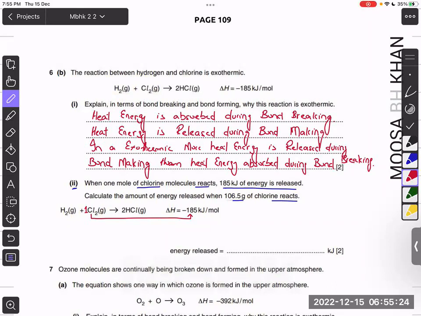And he is inquiring if we have 106.5 gram of chlorine, so how much energy will be released. So we have to know the mass of 1 mole of chlorine. And mass of 1 mole of chlorine would be equals to molecular mass of chlorine, right? 1 मोल के किसी भी मॉलिक्यूल का मास उसके मोलिकुलर मास के इक्वल होता है ना.